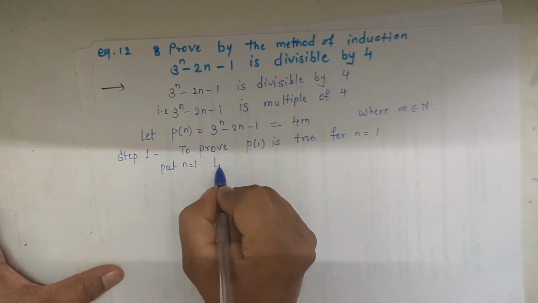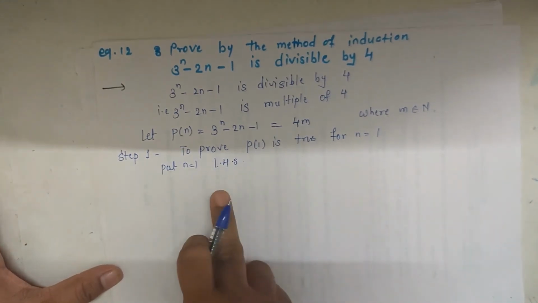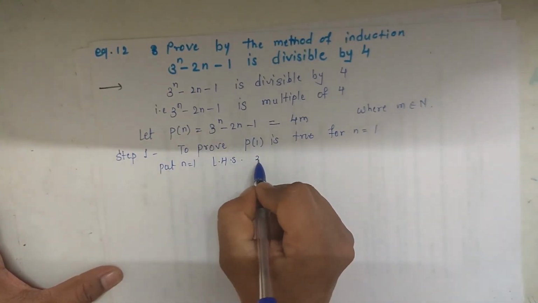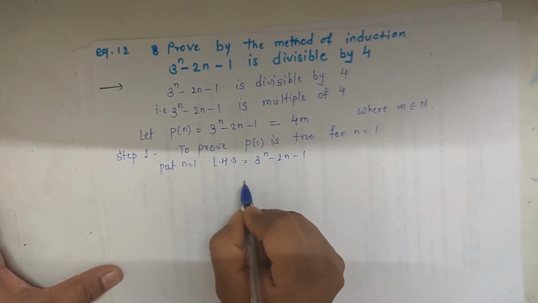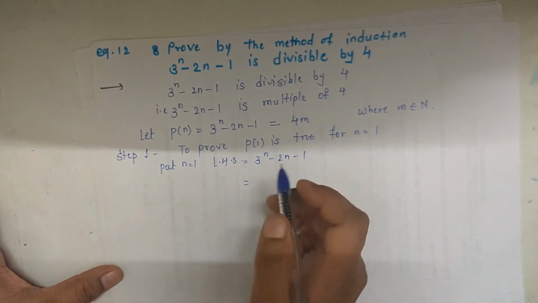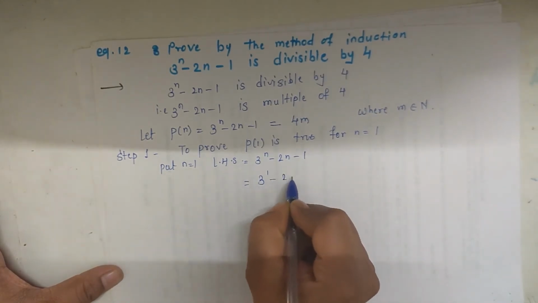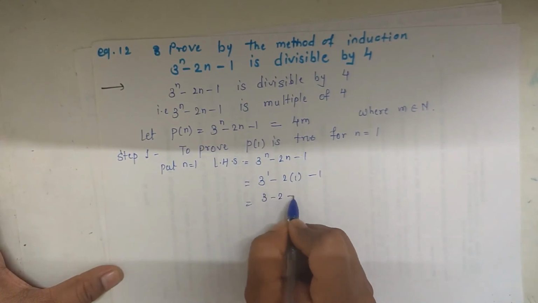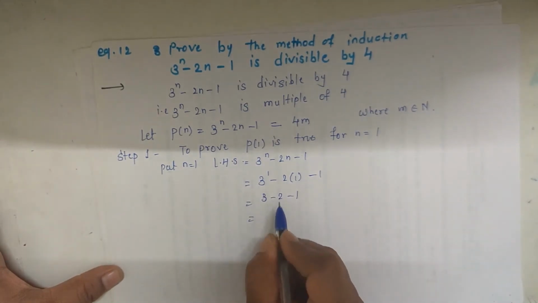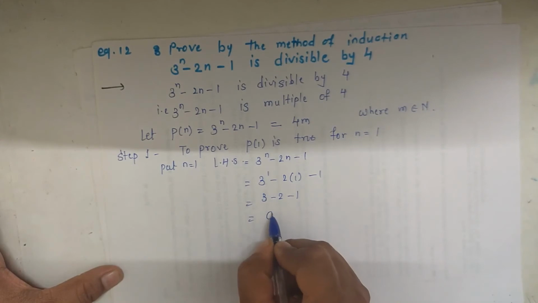The LHS of the given statement is 3 raised to n minus 2n minus 1. When n is equal to 1, we get 3 raised to 1 minus 2 into 1 minus 1, which is 3 minus 2 minus 1. 3 minus 2 is 1, and 1 minus 1 is 0.